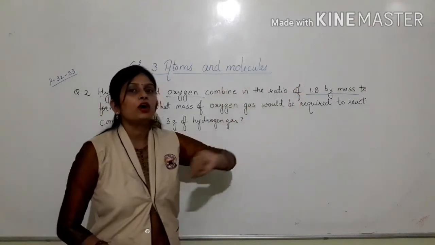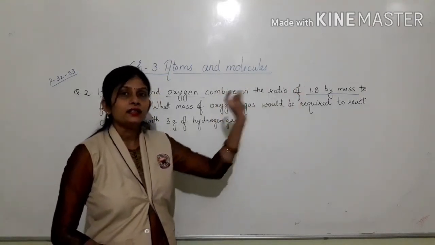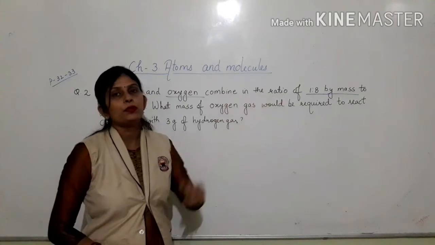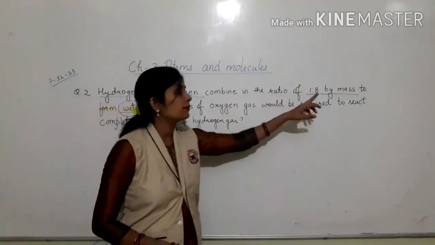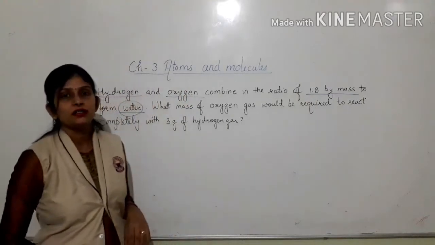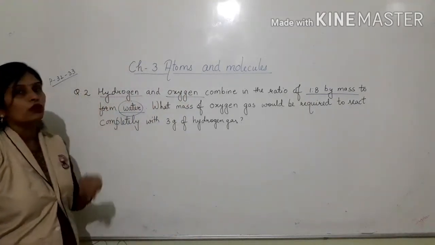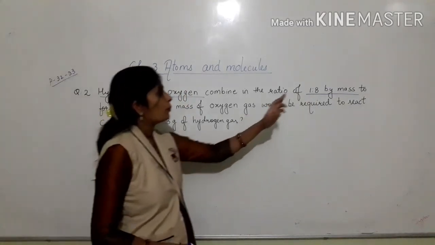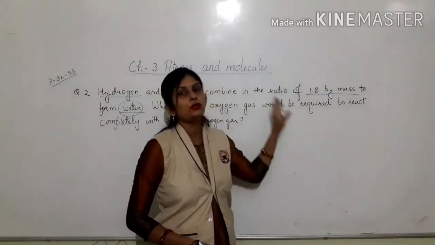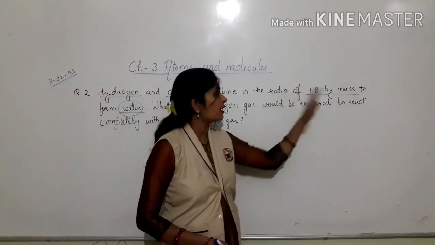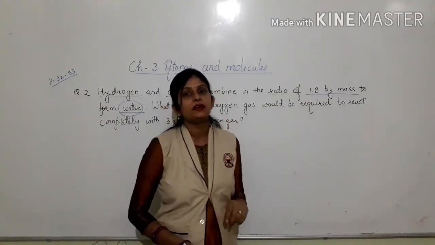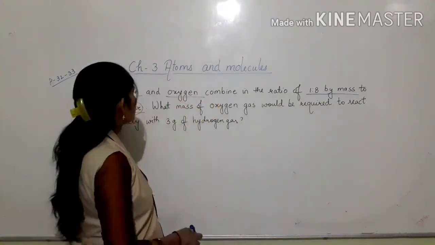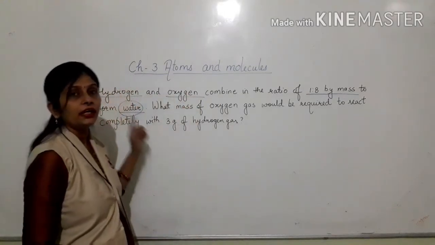Both react or combine in this ratio, in this proportion by mass only, to form 1 plus 8, means 9 parts or 9 grams of water. So this proportion or ratio by mass will be constant, will be definite for hydrogen and oxygen in water.